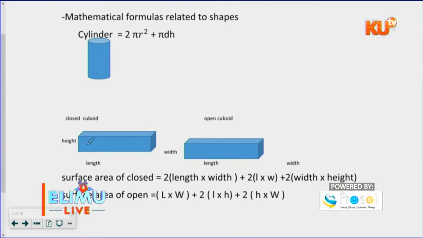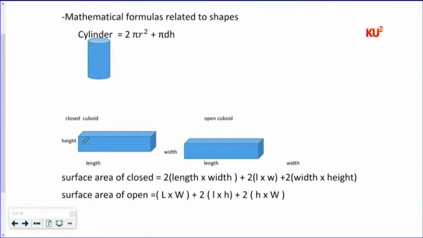Which shape is it? A rectangle. How do we get the area of a rectangle? As said, length times width. How many are they? 2. So we get the area of one face and multiply by 2.